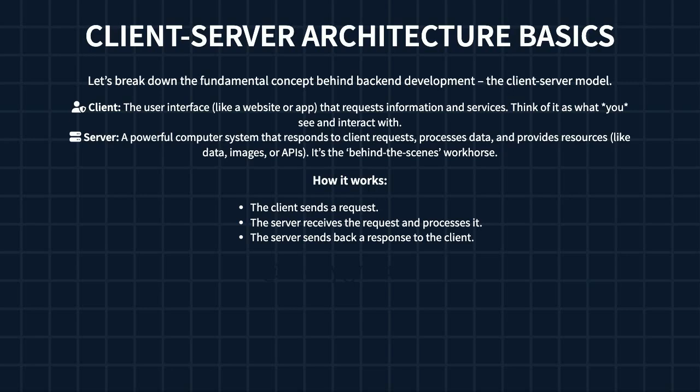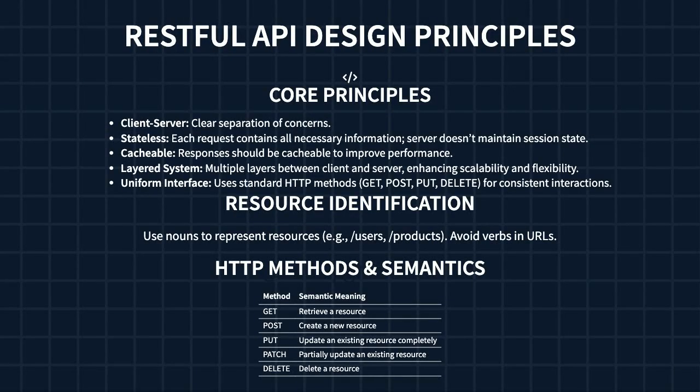Okay, let's talk about designing good RESTful APIs. At their core, these principles are really important for building scalable and maintainable backends. You've got client-server architecture, a clear division of responsibilities between the front end and the back end. Statelessness means each request contains everything it needs, so the server doesn't have to remember you from one request to the next.